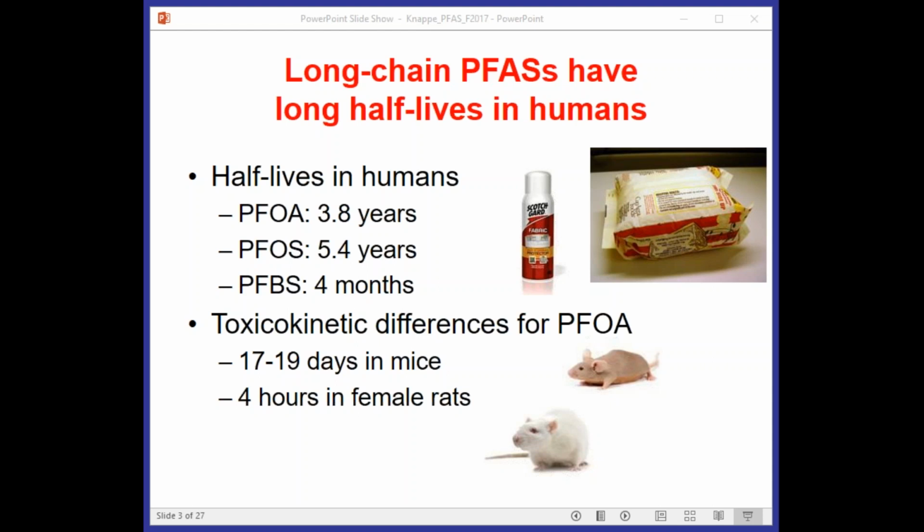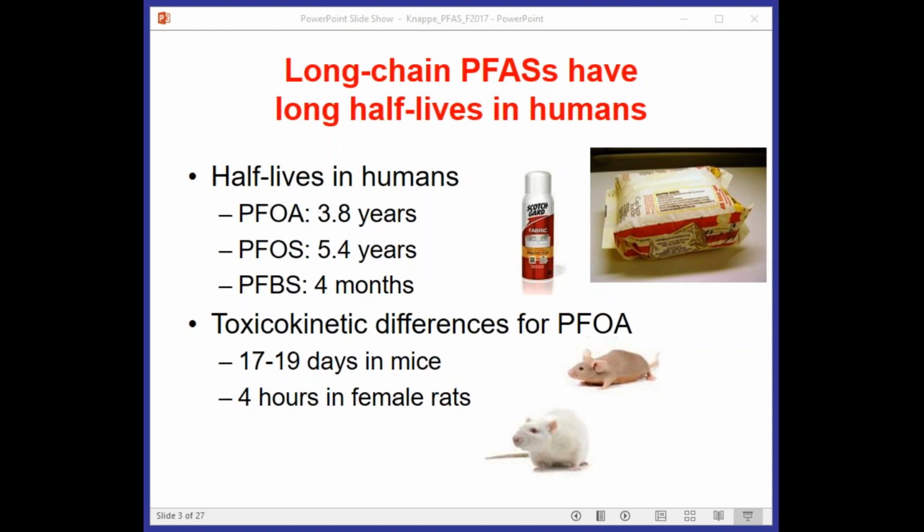Some of the photos here, the Scotchgard, I showed because up until the early 2000s, the active ingredient in it was PFOS, the 8-carbon compound, and then it was replaced by the 4-carbon butane sulfonate, and now it's being replaced again by another compound.